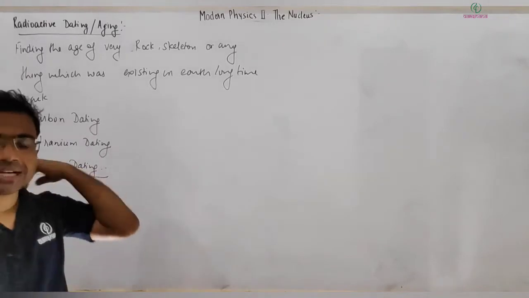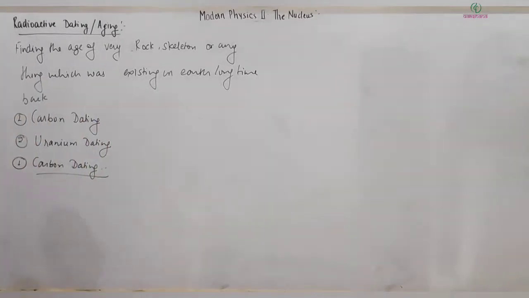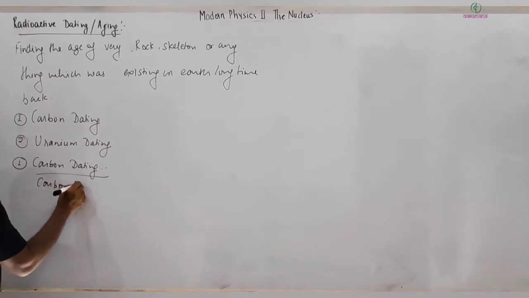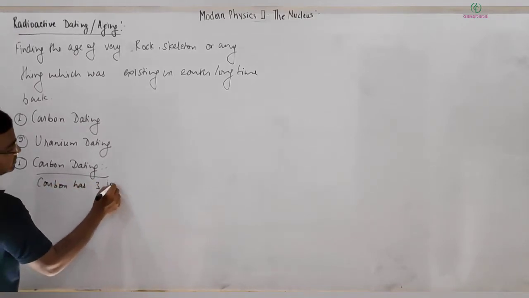Carbon actually has three isotopes. What are isotopes?